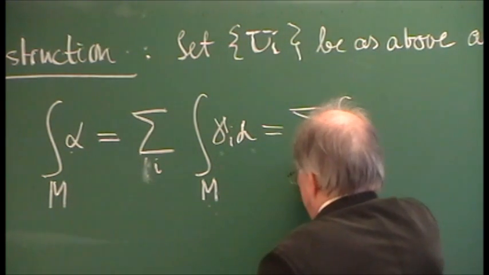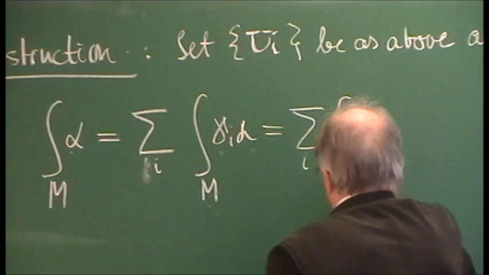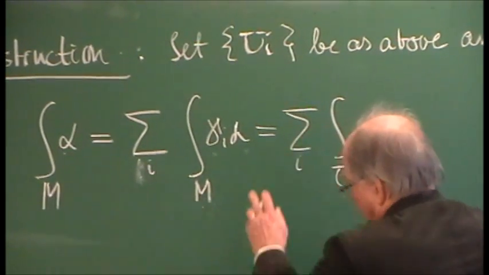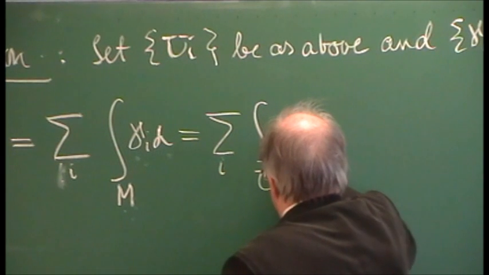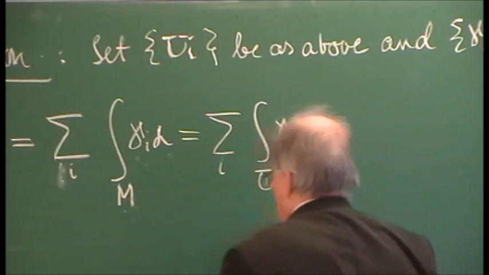This step here is trivial. This is the same because the support is in ui. This is no problem to check. It has to be there. So of gamma I alpha I.